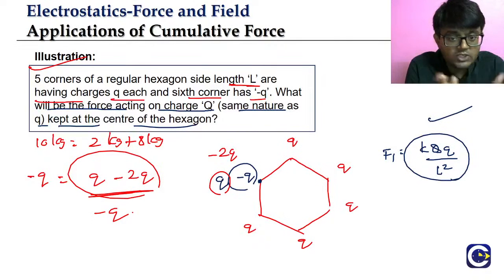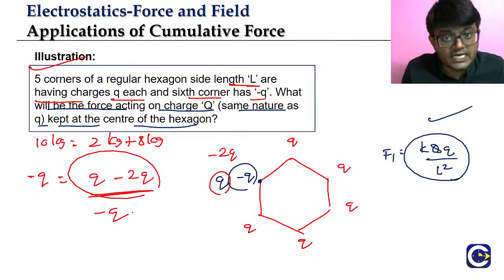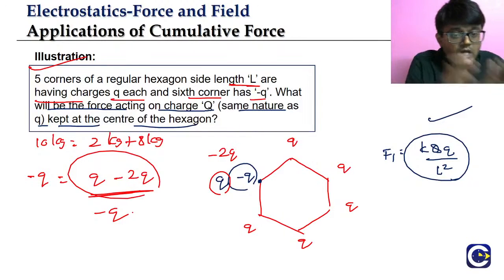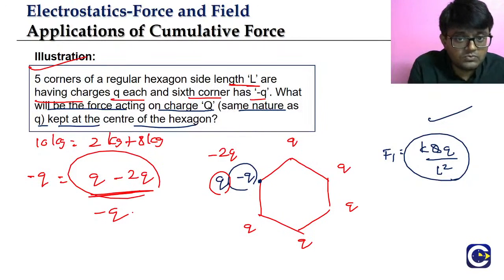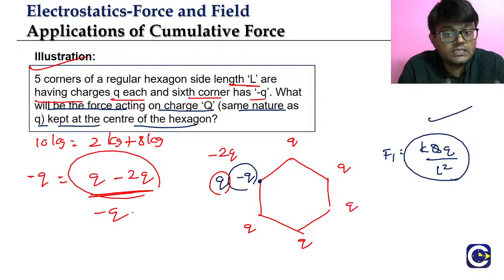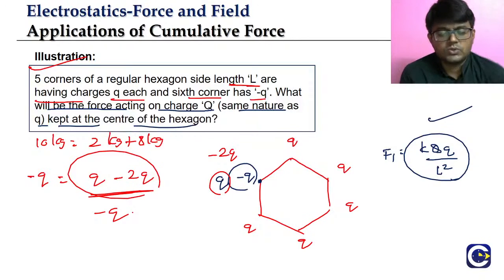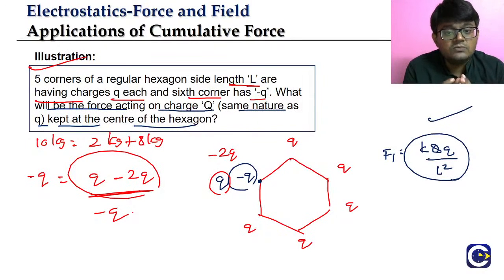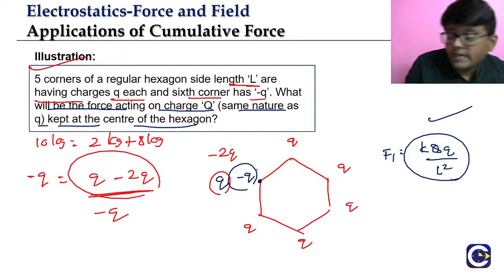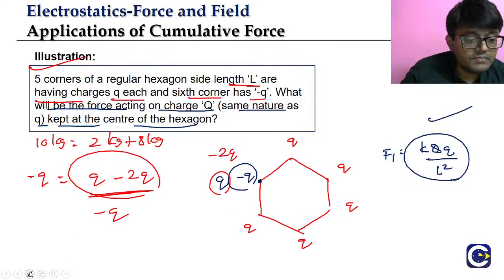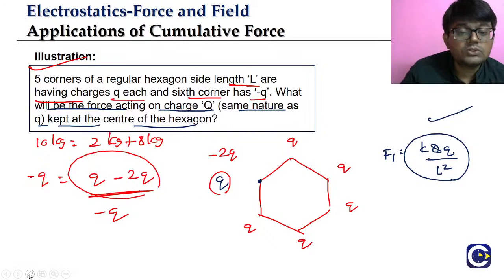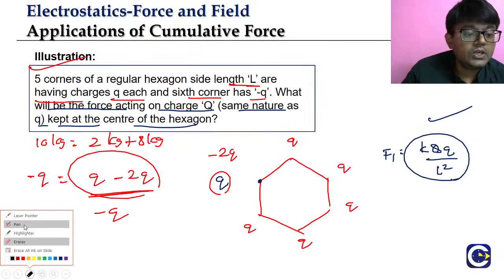So in total we are not changing the charge value. q and minus 2q add up to minus q, so the total charge stays the same. We have just split it and written it as q and minus 2q separately. Now we can forget this minus q, because we have already written it as a combination of these two charges, q and minus 2q.